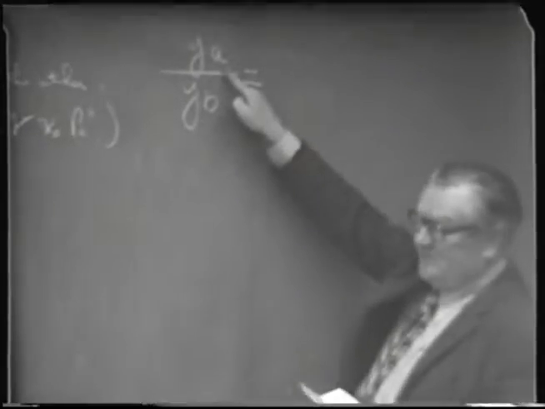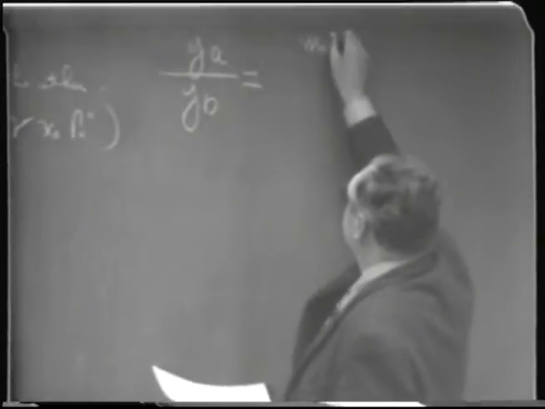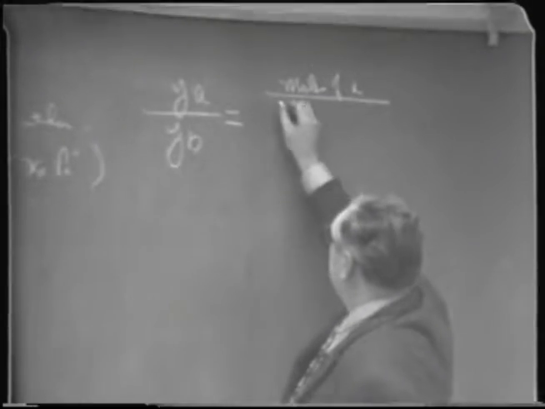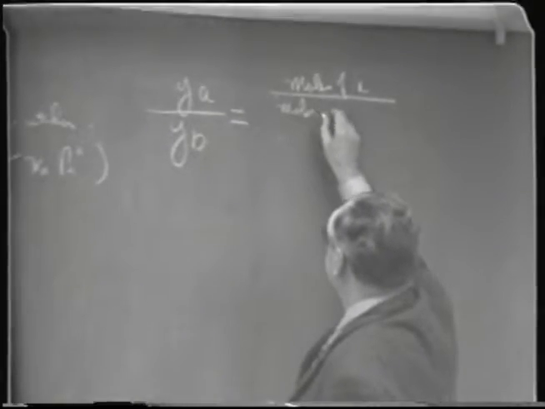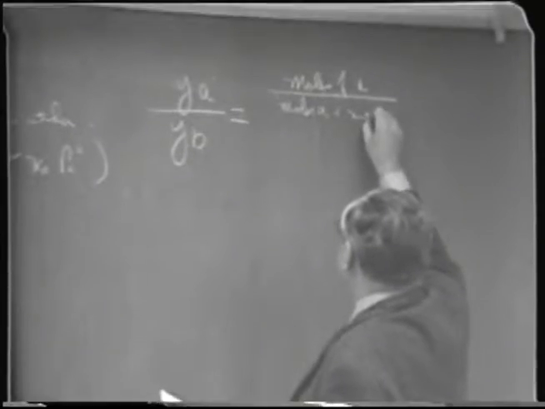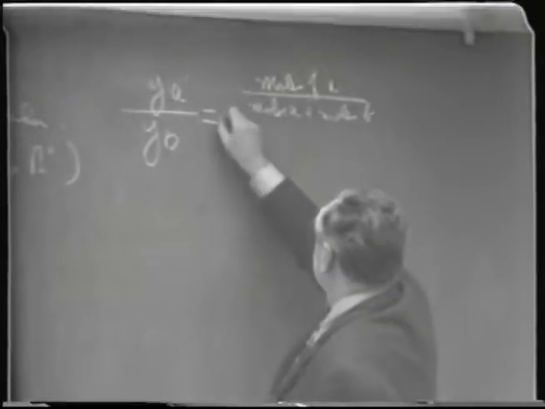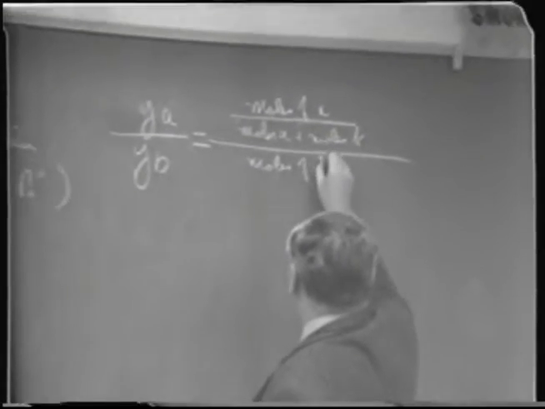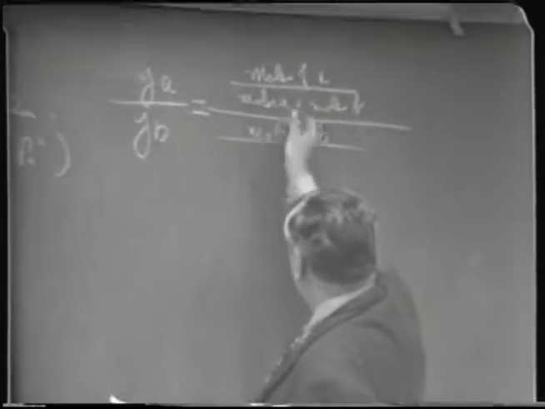The term Y sub A means the moles of A divided by the total moles of A plus moles of B, divided by the moles of component B divided by the total moles again.